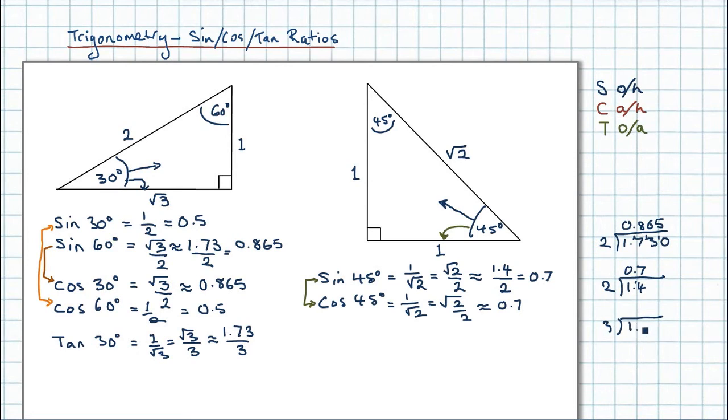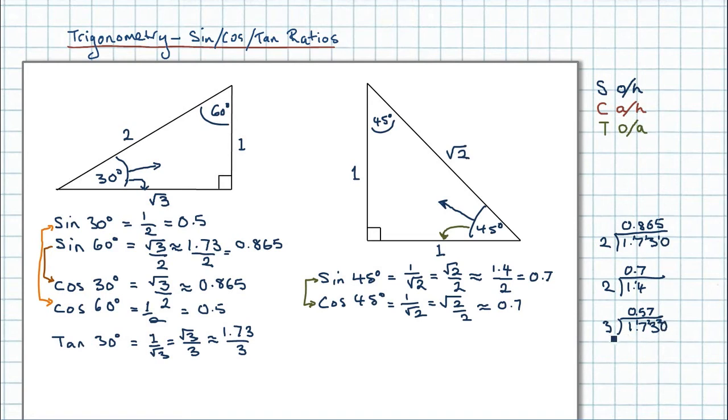How do we do this? 1.73. We probably need another 0, won't we? So 3 into 1, 0. 3 into 17 goes 5. So that's 3 times 5 equals 15. Carry 2. Now we've got 23 divided by 3. Well, that's going to be 7.